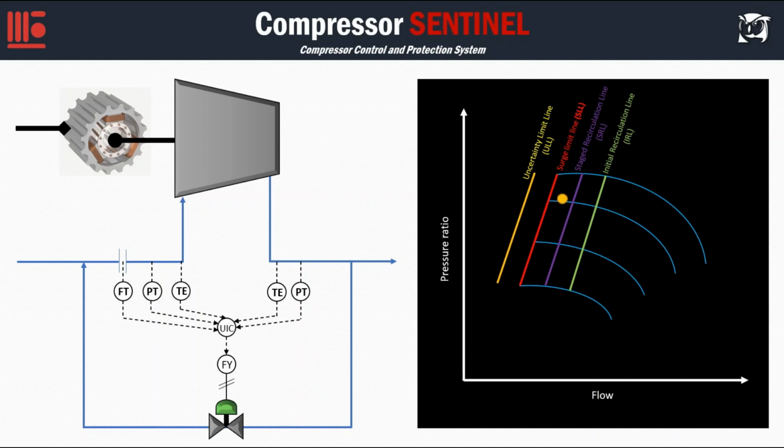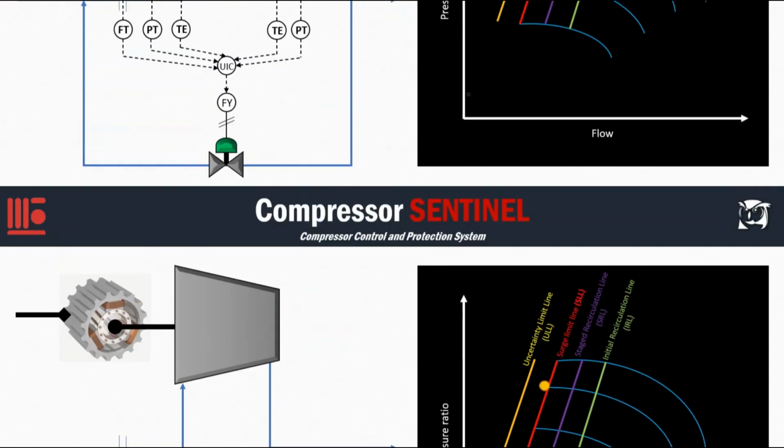This action continues to be executed as long as the operating point is between the SRL and the surge limit line, SLL. If the flow decreases until the operating point is located to the left of the XLL, the anti-surge controller's automatic response is to fully open the recirculation valve. This opening is done instantly and is maintained until the point of operation is to the right of the IRL.